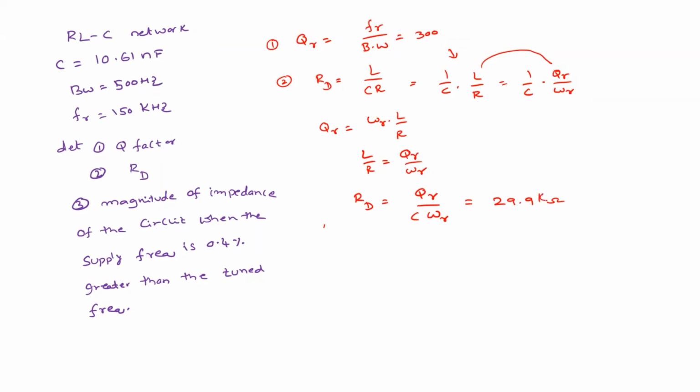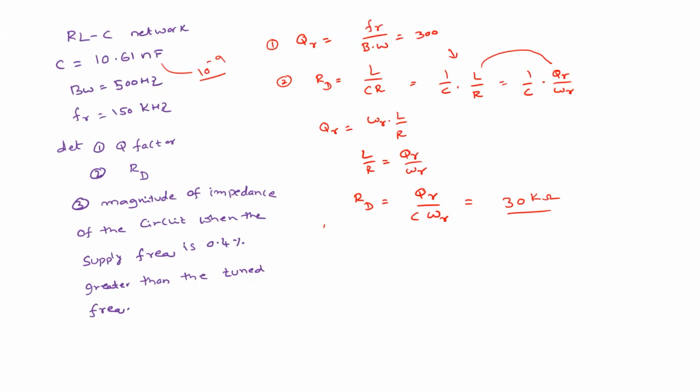It is 0.03, sir, kilo ohm. Yes, sir. I think for nano you're supposed to consider 10 to the power of minus 9. That's why you may be getting wrong answers.